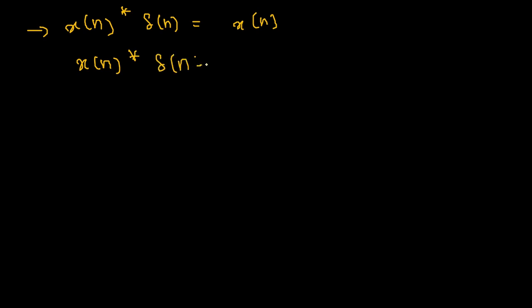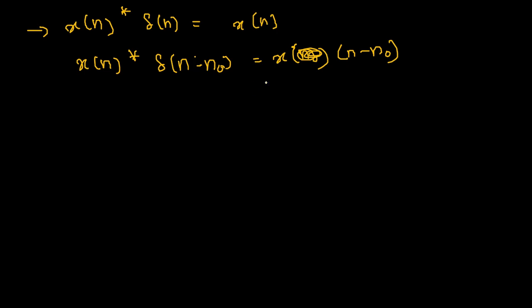Okay, so there are a few properties of convolution which can make convolution somewhat easier, which is x of n convolution of delta of n is equal to x of n itself, and x of n convolution of delta of n minus n naught gives us x of n minus n naught.